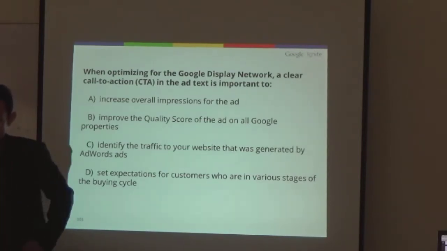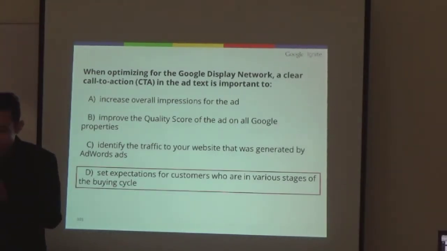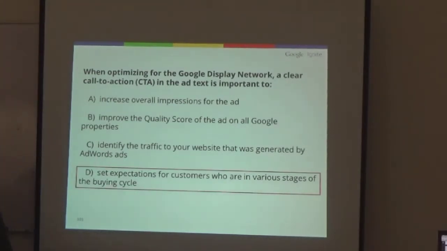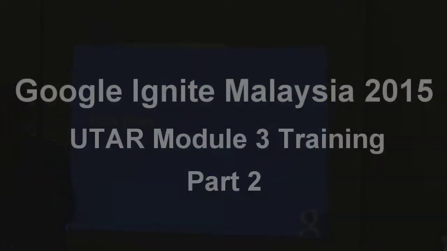But when it comes to CTA, it's not about impressions, and it's not about quality score on Google. Identify traffic, not really. Actually, it's about setting expectations for customers who are in various stages of the buying cycle. Okay, so I will end this here today.